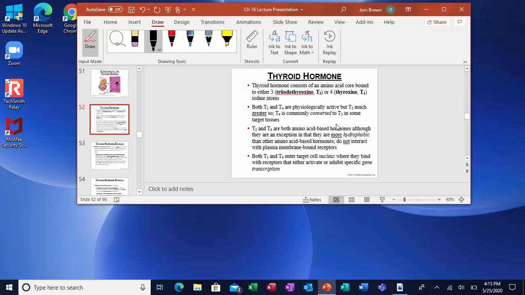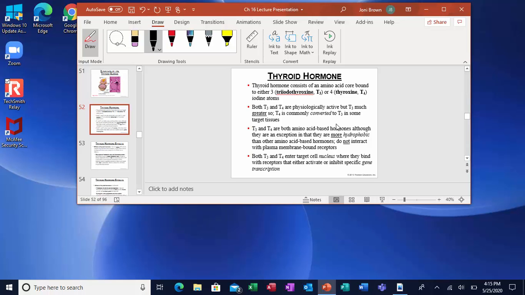Now, thyroid hormone has either got three iodines, and it is T3, or 4 iodine atoms, and it's T4.